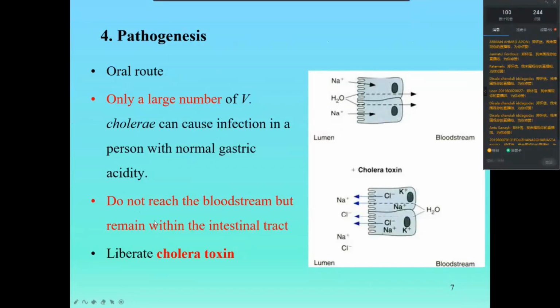Those bacteria do not reach our bloodstream, but remain within the intestinal tract. In the lumen of the intestinal tract, they stay there, but they can produce a toxin called cholera toxin, and cholera toxin can cause disease, and the disease is cholera. And later we'll introduce the cholera toxin and how it causes disease in humans.